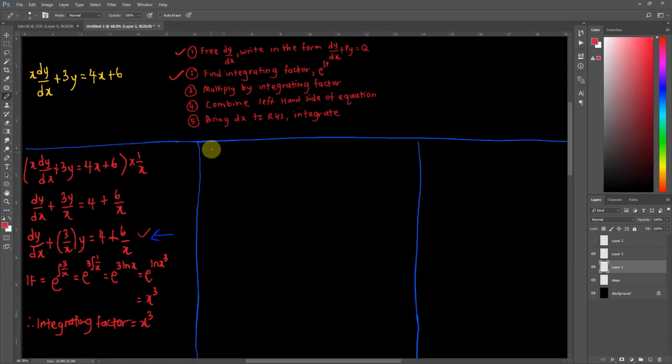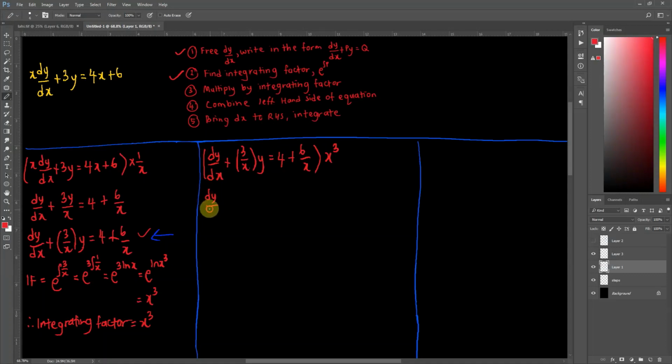is x cube. So first I salin dulu yang ni, dy dx plus 3 over x y equals to 4 plus 6 over x. I will times everything by my integrating factor x cube.